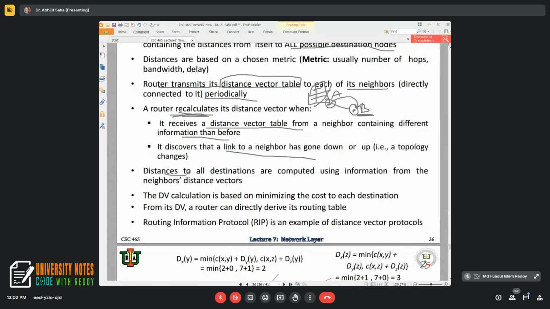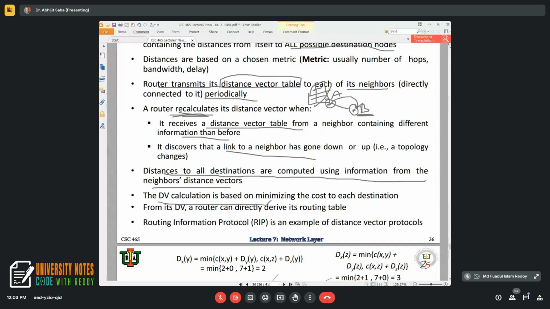So distances to all destinations are computed using the information from the neighbors' distance vectors. The least cost paths are discovered through these tables that they send to each other, of course to the direct neighbors.